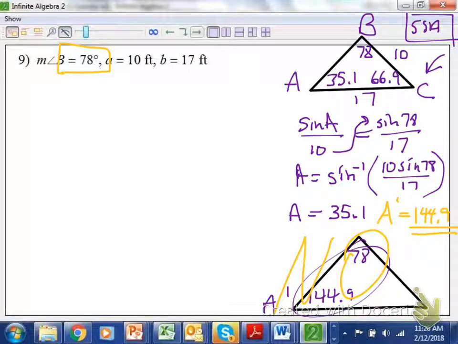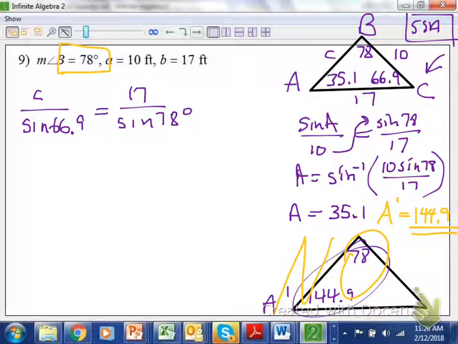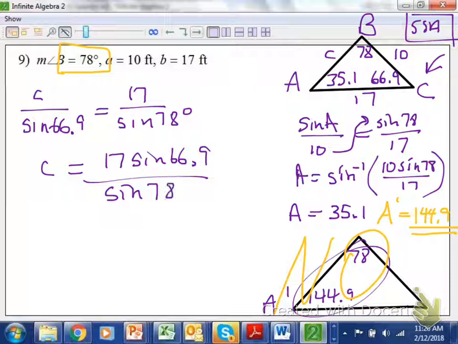Okay. Which means C divided by sine of 66.9 is equal to the given information, which is 17 over sine of 78. And C is 17 times the sine of 66.9 divided by the sine of 78 degrees.